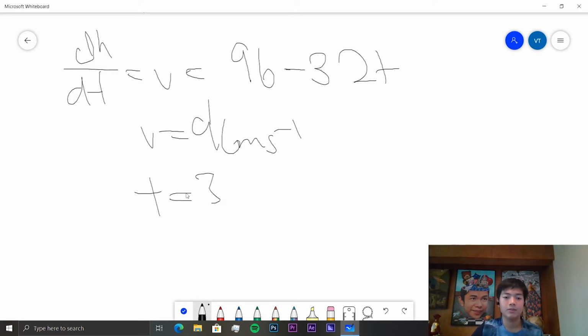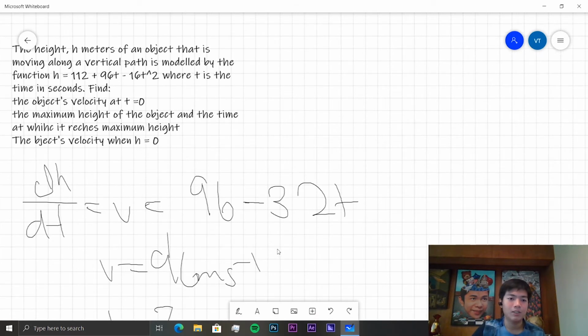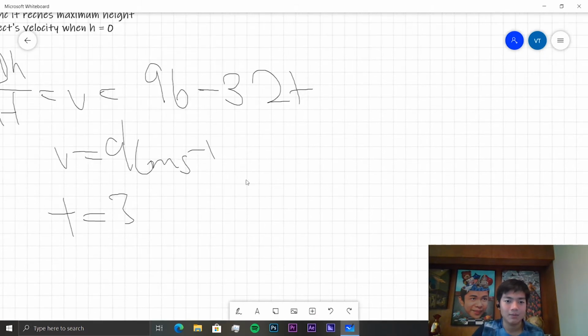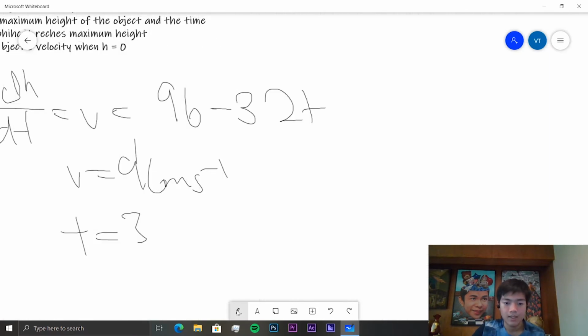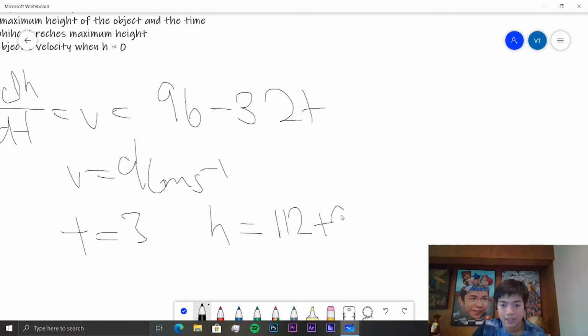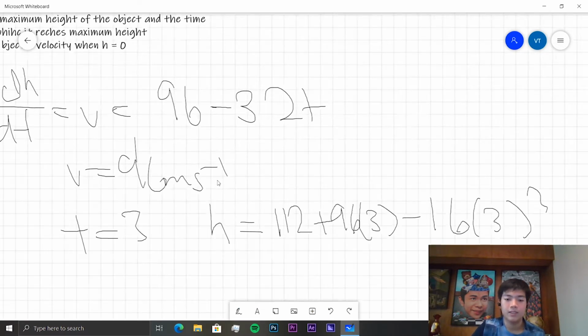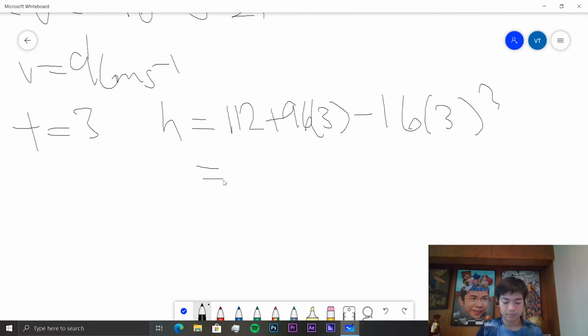So when t equals 3, we'll reach maximum height, and the maximum height will be 112 plus 96 times 3 minus 16 times 3 squared. So this will be equal to 256 meters.